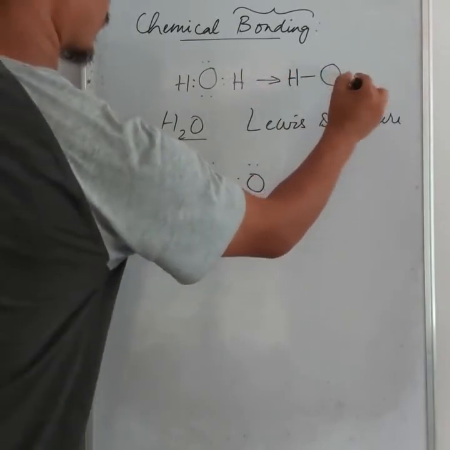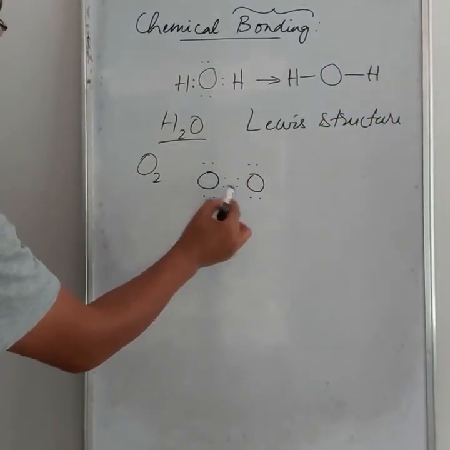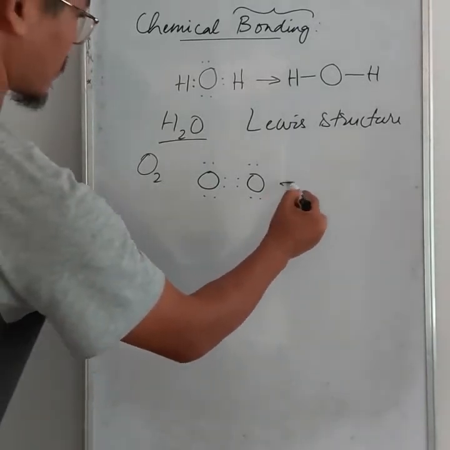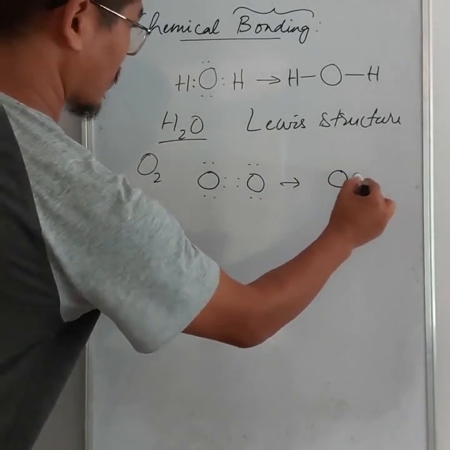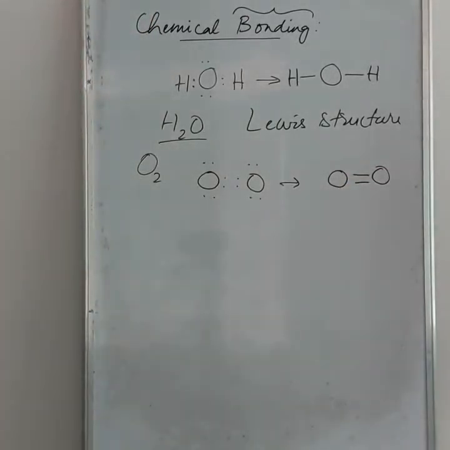Similarly, these two electrons will share to make one bond. But here, there are four electrons in between them, which suggests that between the oxygen atoms we have two bonds. So that is how the Lewis structure is determined by the valency of each of the respective atoms.